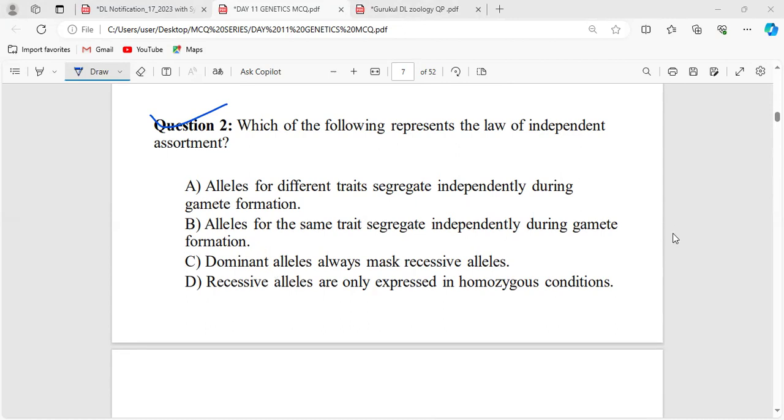My question is, in which cross, whether it is monohybrid, dihybrid or trihybrid, did Mendel propose this law of independent assortment? Very good. That will be the dihybrid cross.